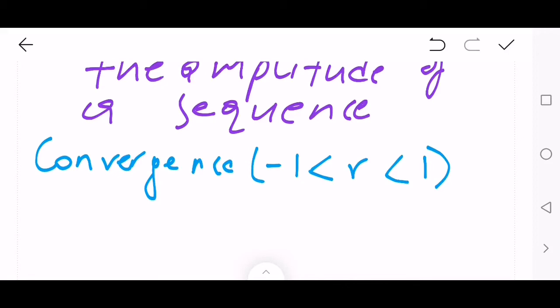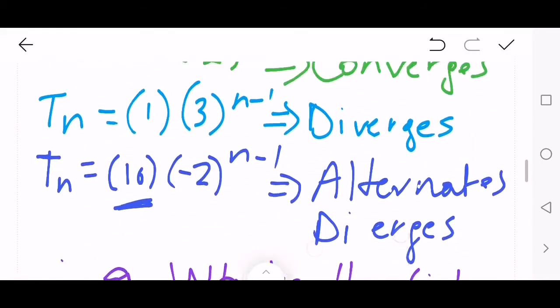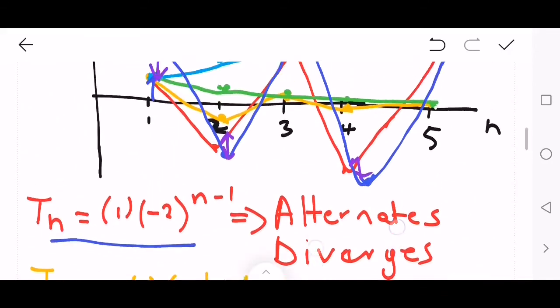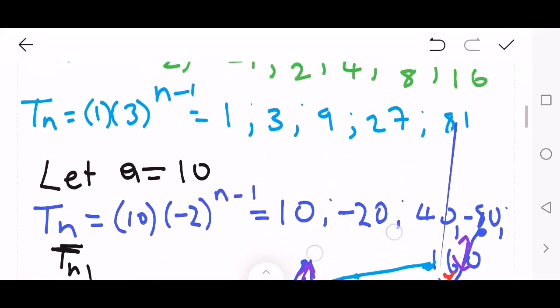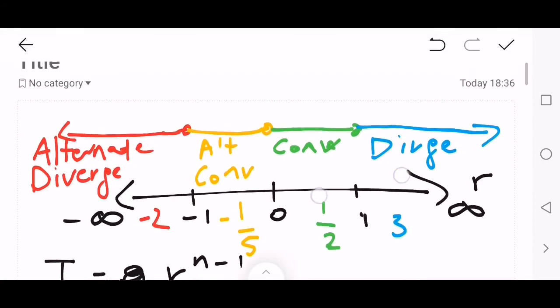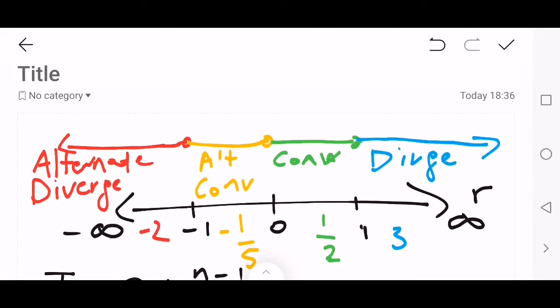However, let's not forget that r must not be equal to 1. Anywhere else on the number line, the sequence will diverge.